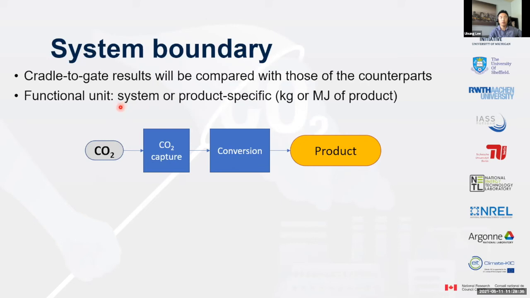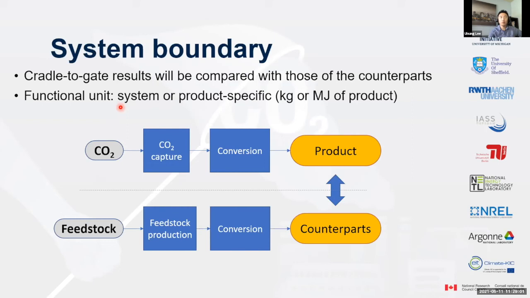For example, if we take the CO2 to jet case as an example, then the jet fuel will be the product. But when we have the CO2, there will be a main product in the comparison system. That CO2 has its own main product. So at that system level, we can compare the results.